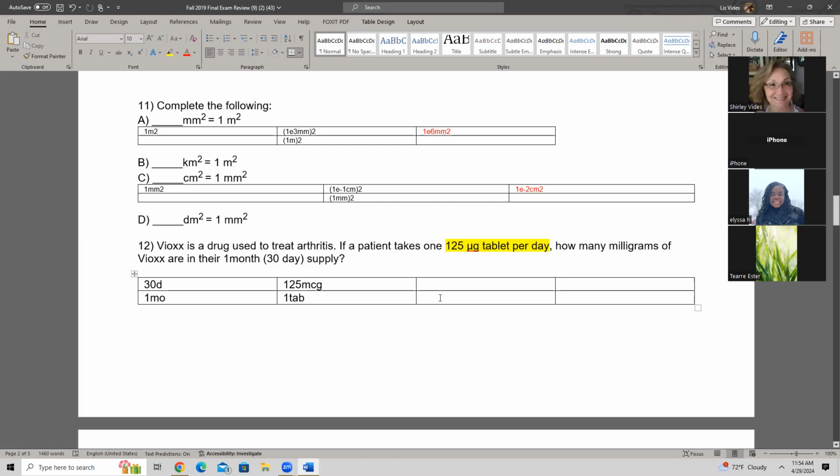So now we need to convert. 1 microgram converts to 1 e to the, okay, so micro is -6, and milli, which is what they want, is -3. So remember, we subtract those two, we get 3. And then from that, we have to figure out if we're going up or down, and we're going up, so it is -3, right?